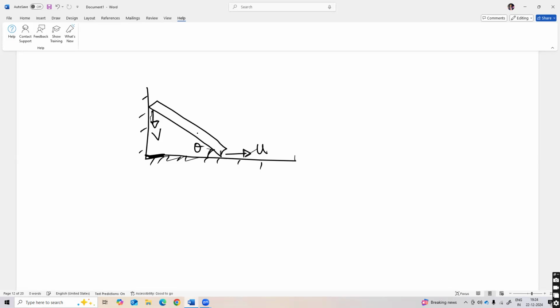So let's find the correlation between u and v. You know that even though the two ends of the rod are moving at different velocities in different directions, since it is a single rigid rod, the velocity along the rod is the same at all points.